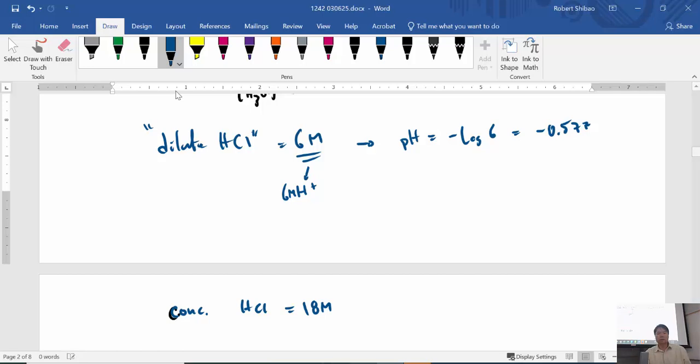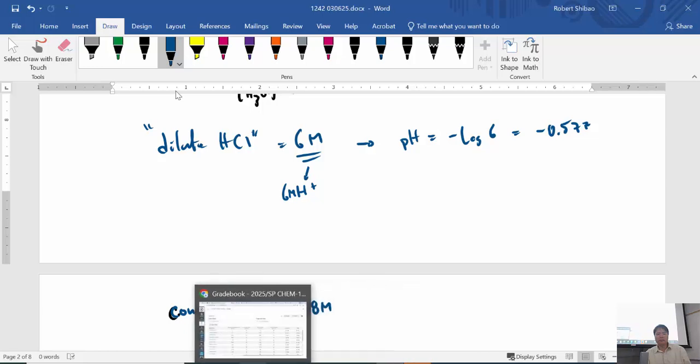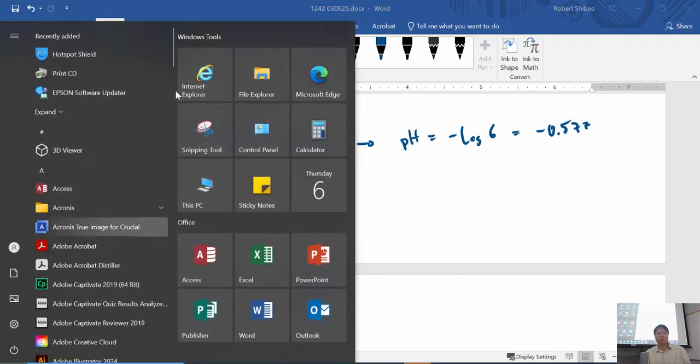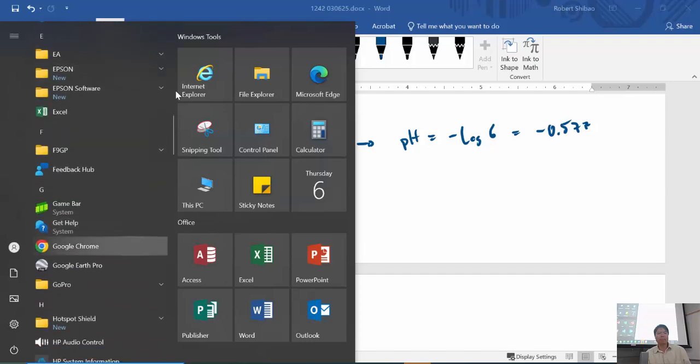Let me make sure. Can you stick 18 moles of HCl into one liter?